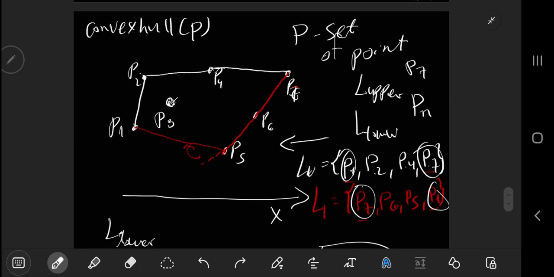Now let's move to the algorithm itself after we understood the motivation for the algorithm, or the way the algorithm works. So let's write the algorithm, the convex hull algorithm, and we are getting again a set of points which is called P. Let's call it P, set of points.